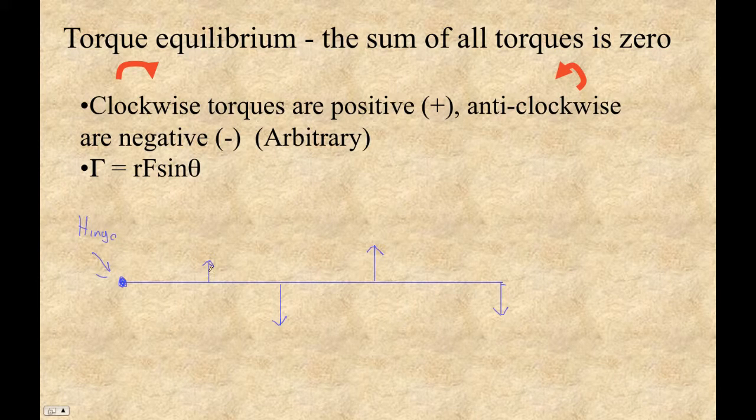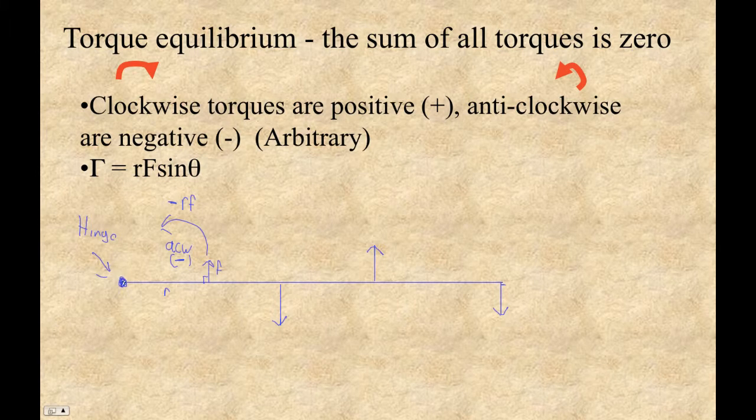Now, notice that torque right there is going to tend to rotate this anti-clockwise, right? So we would say that its torque is negative. So whatever this R is and whatever that F is, we would go negative RF. And since a lot of these are 90 degrees, the sine of 90 would be 1, right?